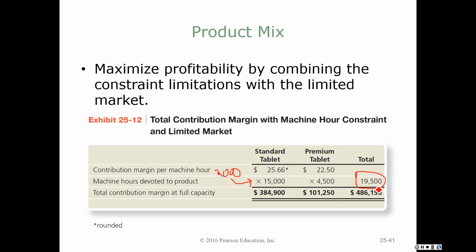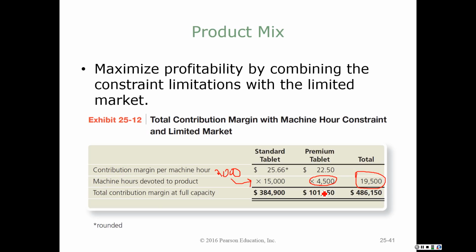hours. So I would use my remaining hours, the remaining 4,500, which is simply 19,500 less 15,000. I would use my remaining 4,500 hours to manufacture as many premium tablets as I possibly could. And remember, my premium tablets take 10 hours each. So 4,500 divided by 10, I could manufacture 450 premium tablets.